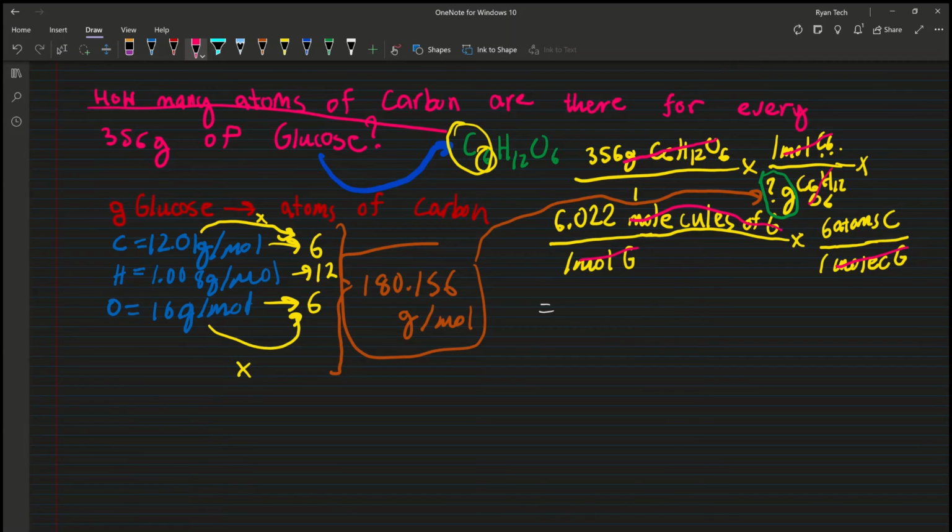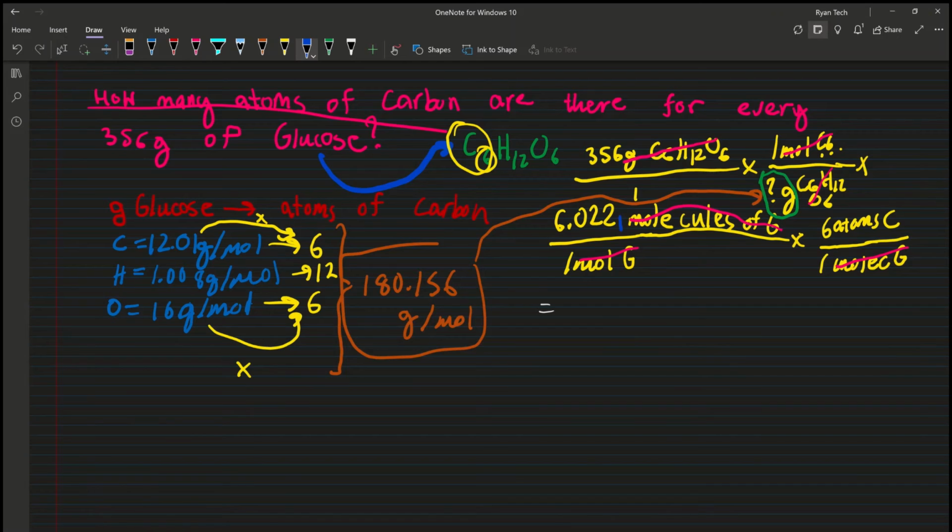Okay, so let's calculate now. 356 divided by 180.156. It's going to give us something like 1.97. And then we're going to times that by 6.022. Sorry, I missed something.